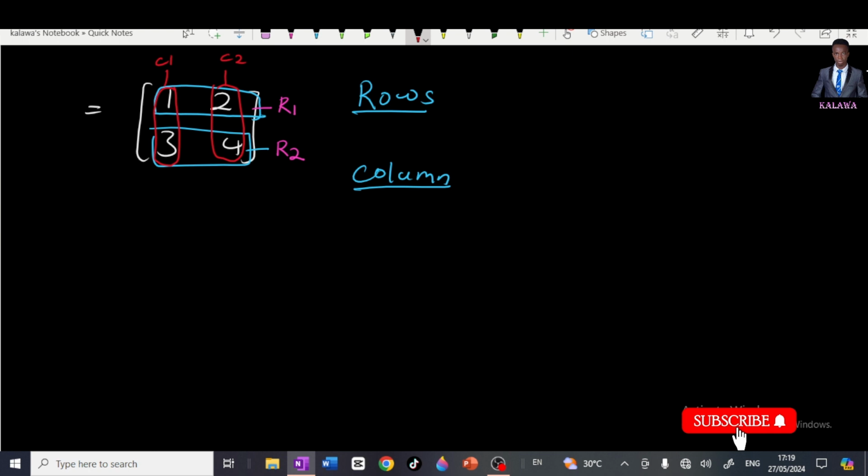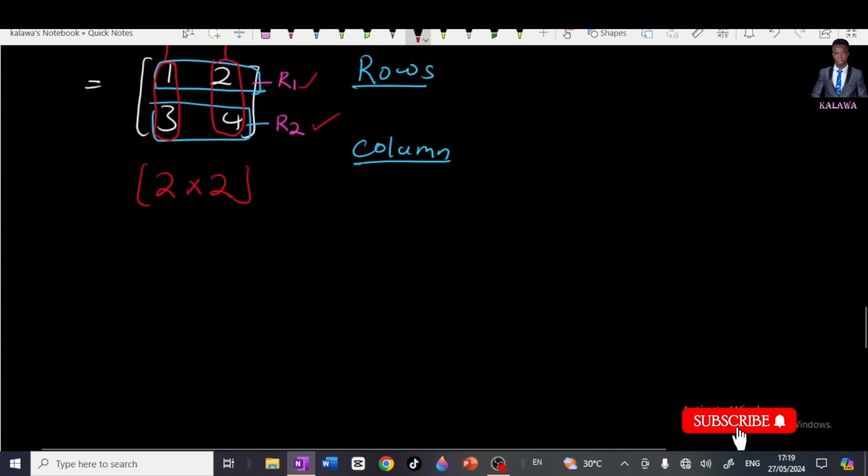So this set of matrix is called a 2 by 2 matrix. This is because it has what? 2 rows and then 2 columns.